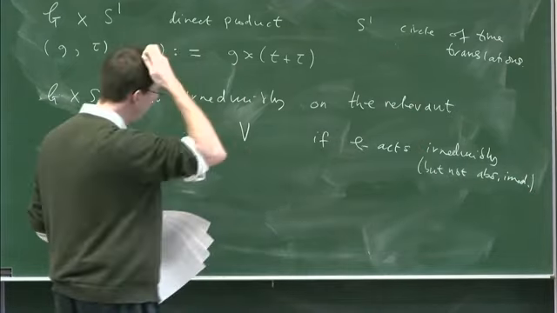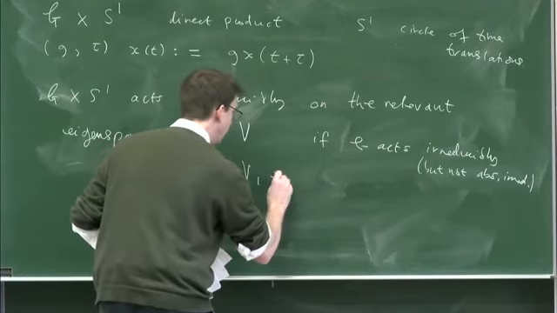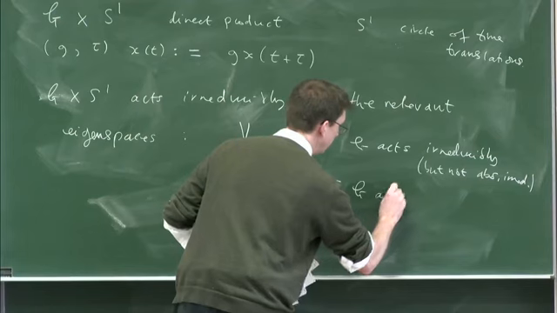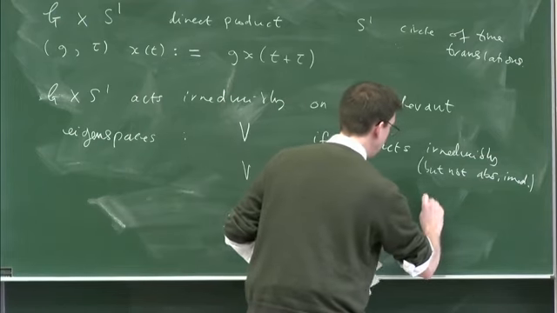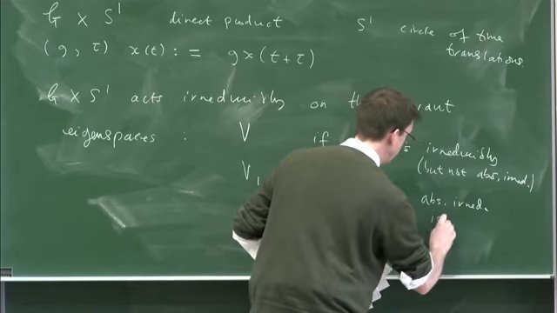What I call V, if G acts irreducibly but not absolutely irreducibly, or V1 plus V2 if G acts absolutely irreducibly and isomorphically.